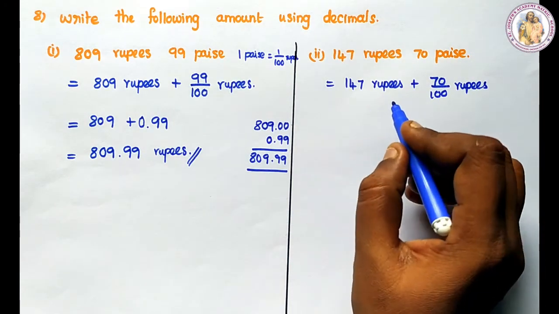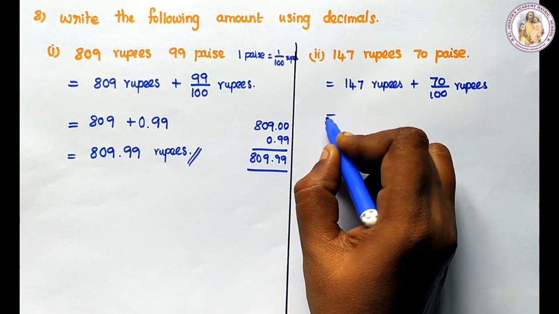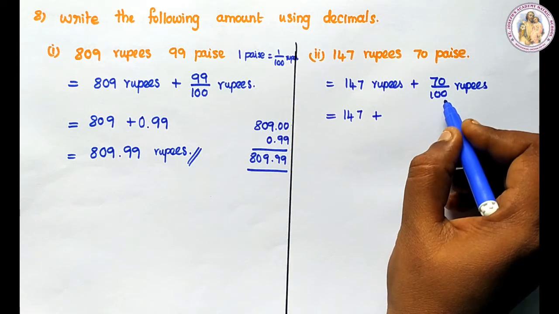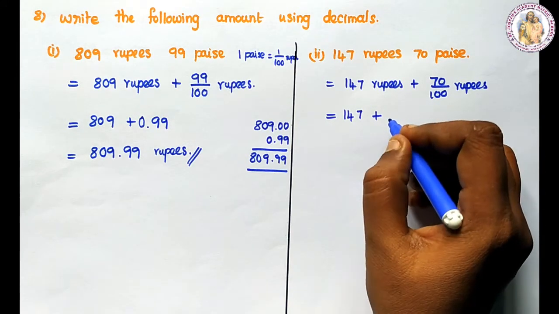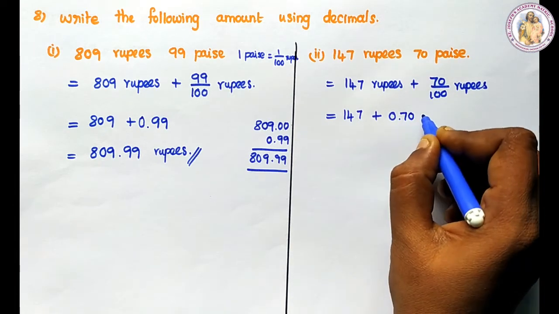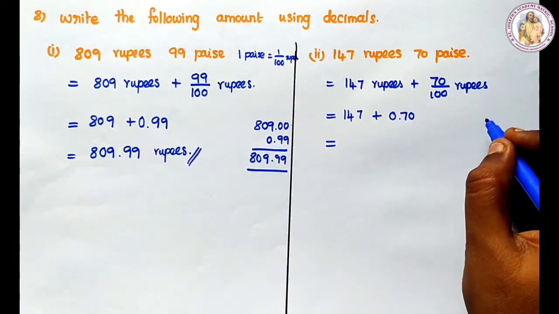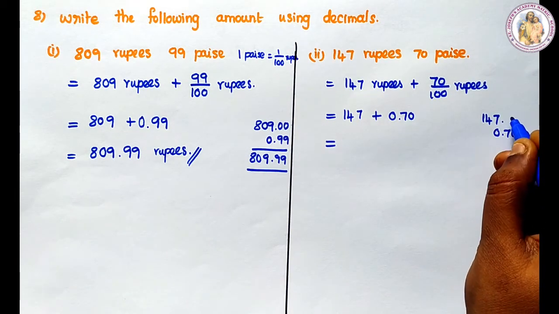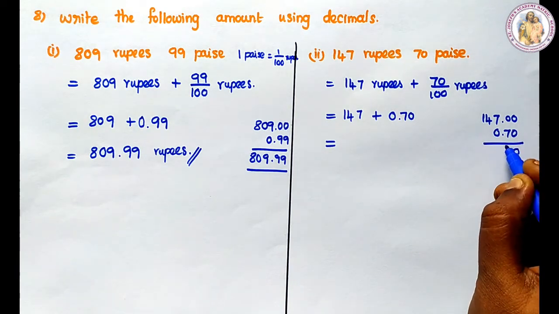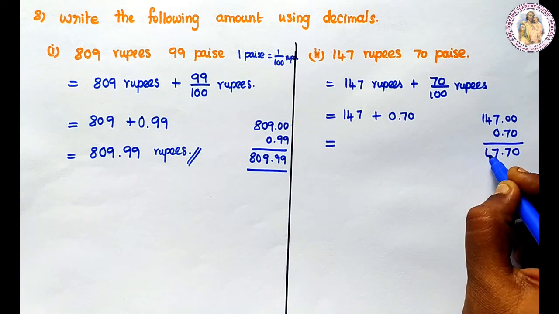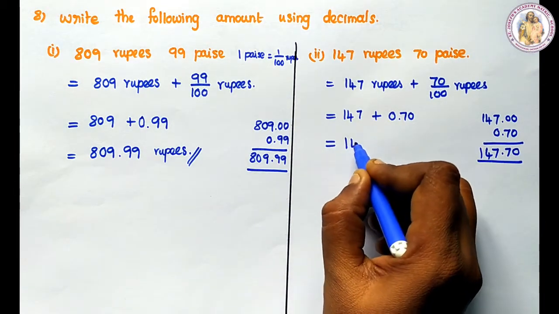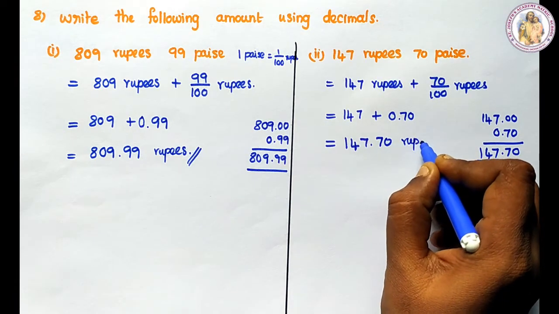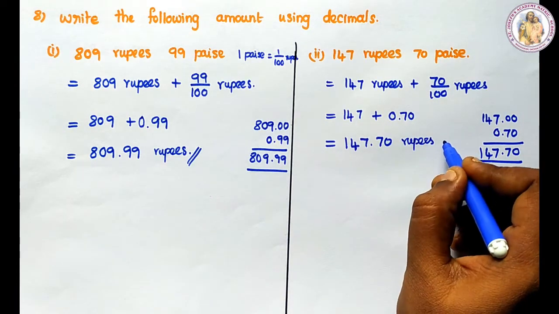Now both are in rupees. So 147 plus 70 by 100, we get 0.70. Now add this numbers means we get 147 plus 0.70. So add, so 147.70, that is rupees. That is the answer.